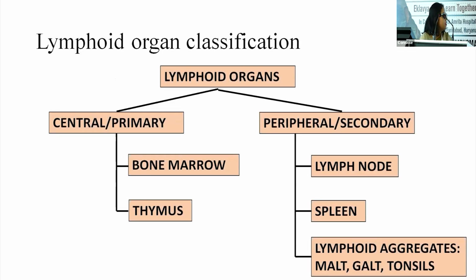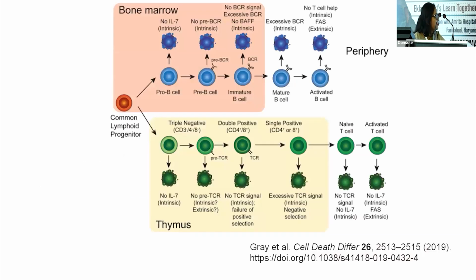If we see the lymphoid organ classification, lymphoid organs are conventionally classified into two groups: central or primary lymphoid organs, which are our bone marrow and thymus, and the peripheral or secondary lymphoid organs, which are lymph nodes, spleen, and isolated lymphoid aggregates in the body like MALT, which is mucosa-associated lymphoid tissue, gastric-associated lymphoid tissue, and tonsils.